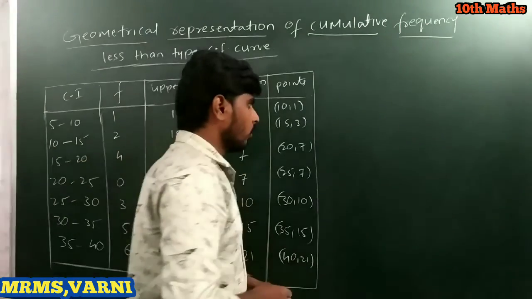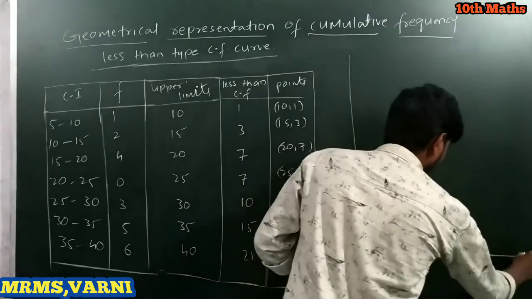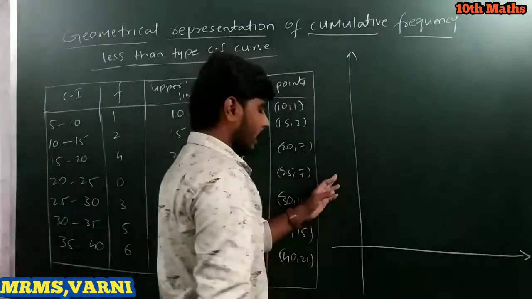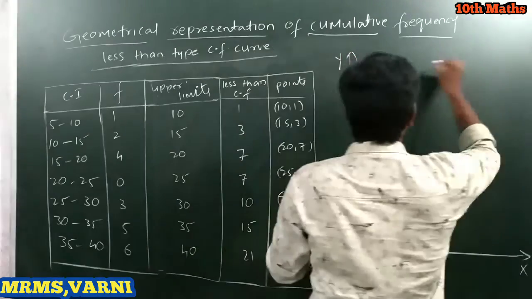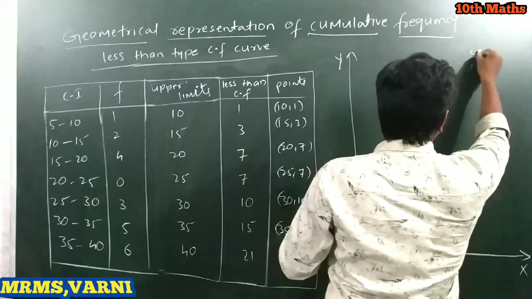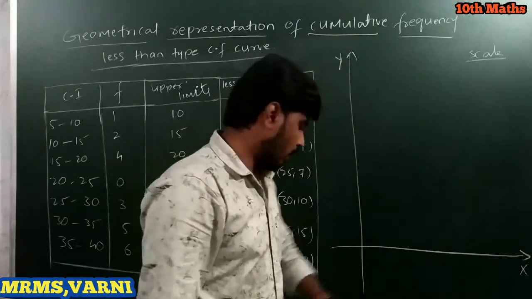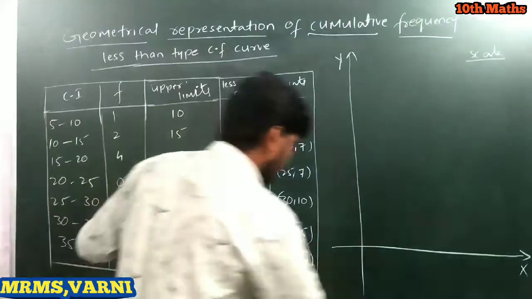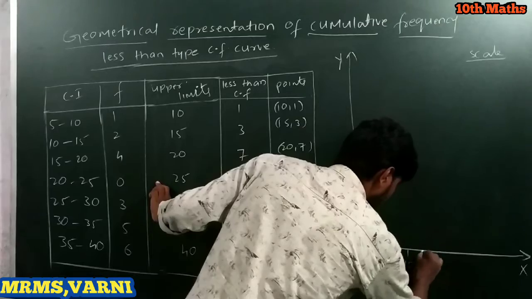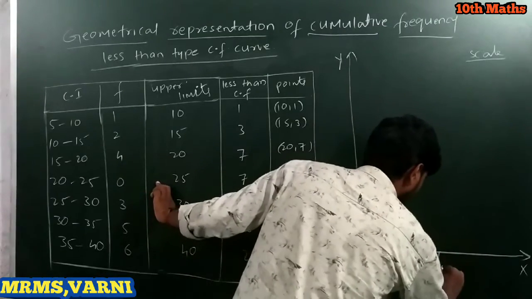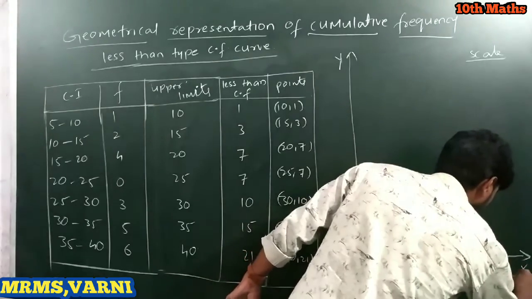Now we draw the graph of less than type cumulative frequency. So the x-axis and this y-axis, we have to write the scale. On the x-axis we take upper limits. So start with 5, 10, 15, 20, 25, 30, 35, 40, 45.